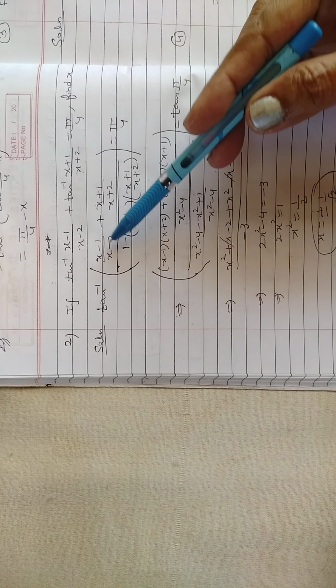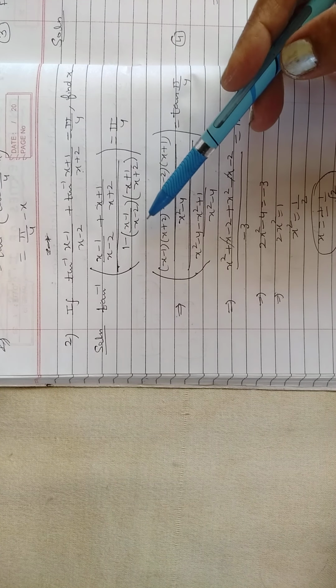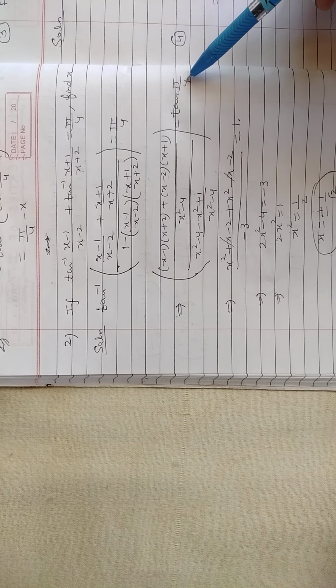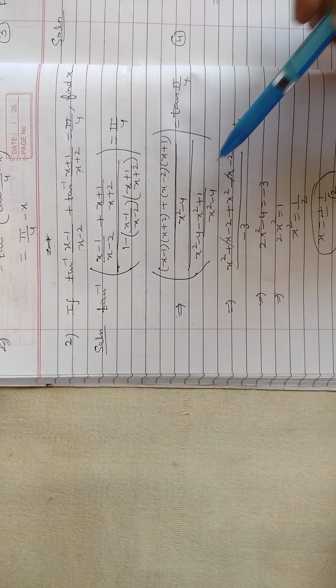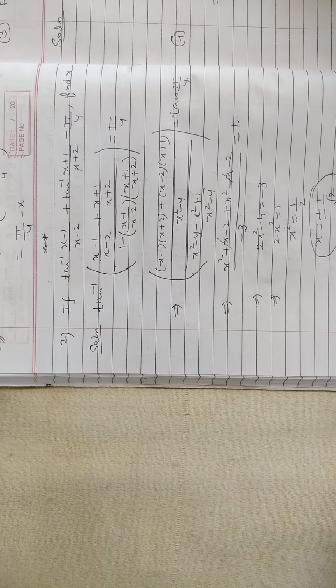It will become tan inverse of (x plus y) over (1 minus xy). Clear? Then this tan will go on that side, it will be tan 45. And after solving this equation, you will get (2x square minus 4) by (minus 3). So after cross multiplying, you will get 2x square equals 1, x square equals 1 by 2. So x is plus minus 1 by root 2.